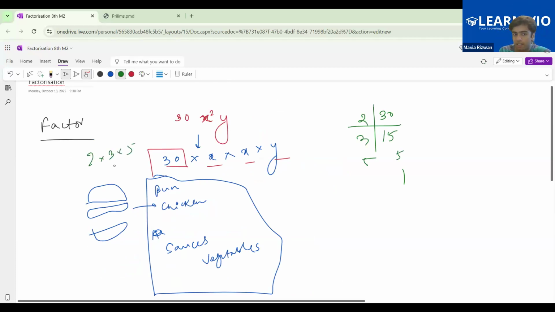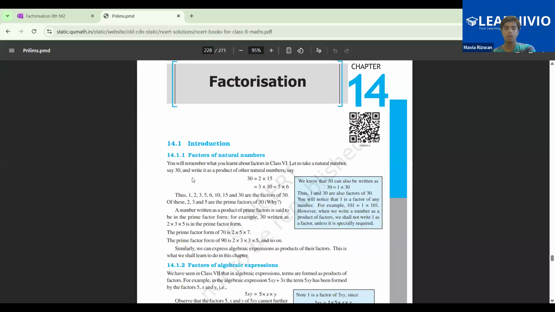So basically the factors are 2, 3, 5, x, x, and y. And 30 we can further factorize into prime factors. Is this clear to you all? So, a burger. Okay, easy. This is what a factor means.